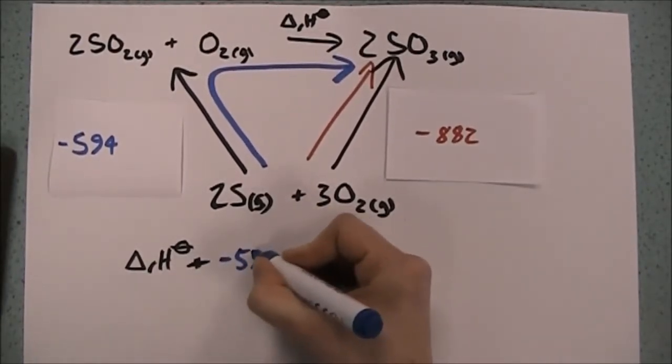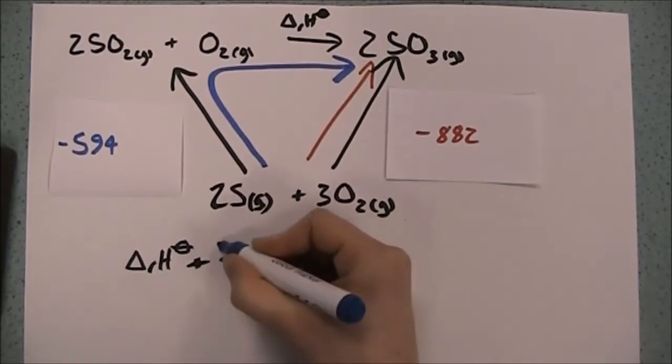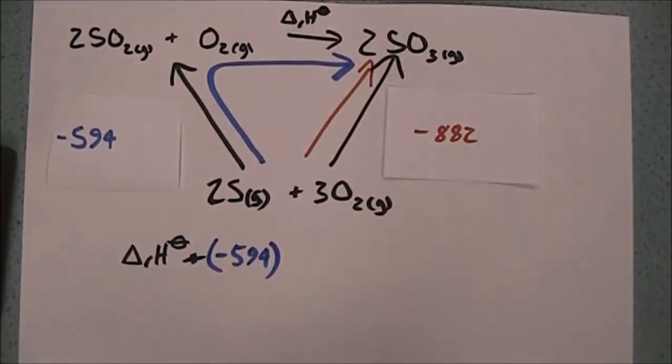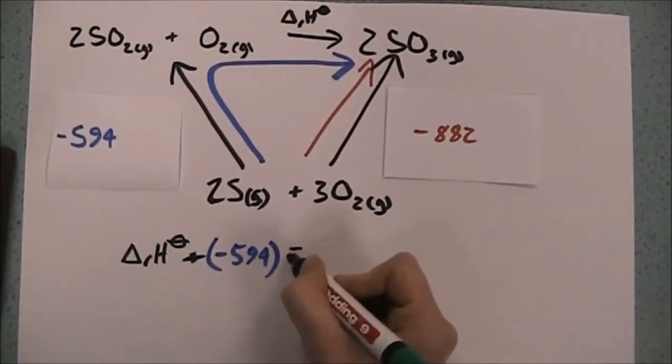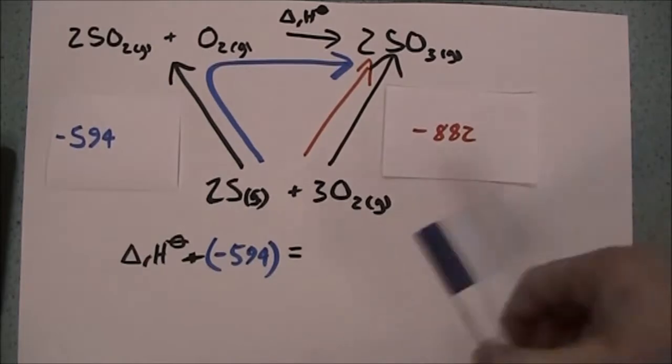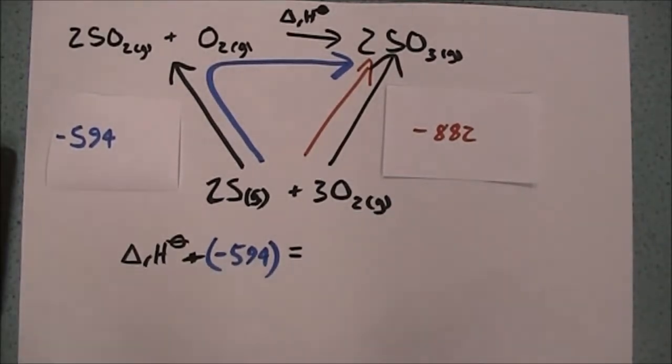Again, I'm going to put these in brackets and worry about sorting out the pluses and minuses later, or just plugging it into the calculator. That is going to equal the red route this way.